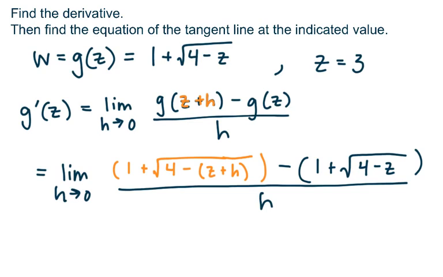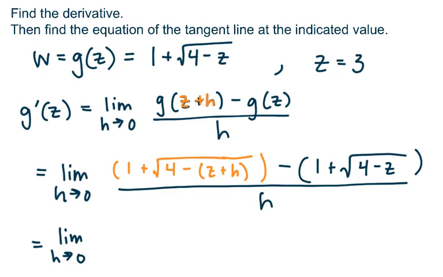So as we work to simplify this, we've got some negatives to distribute. We have radicals. There's a lot going on here. All right, so I'm going to just go at it. We have the limit as h goes to 0.